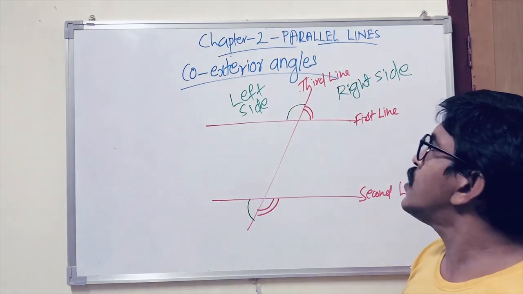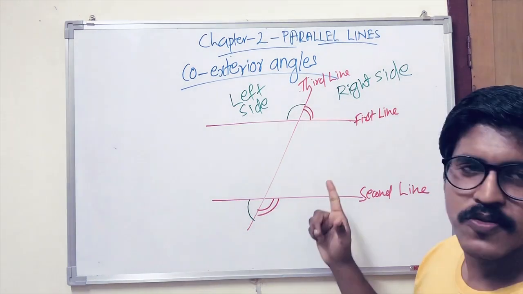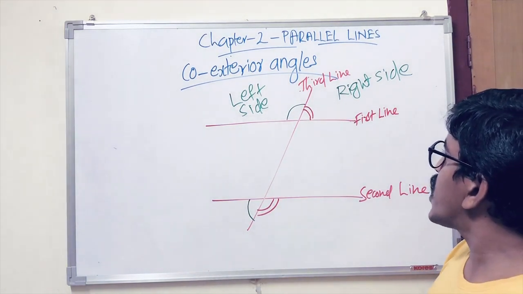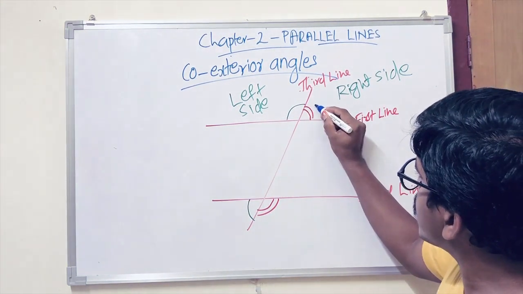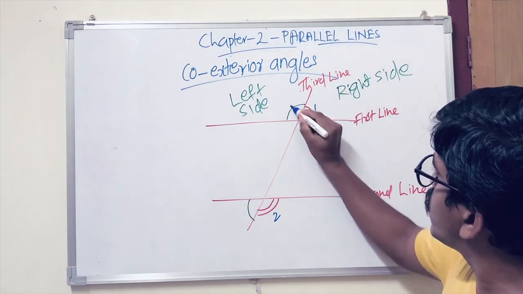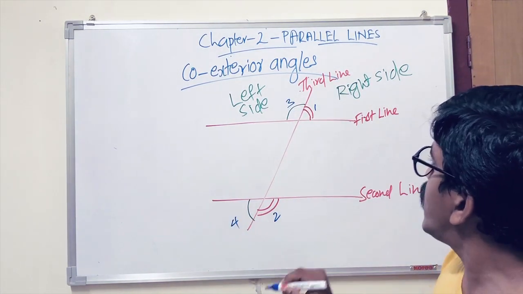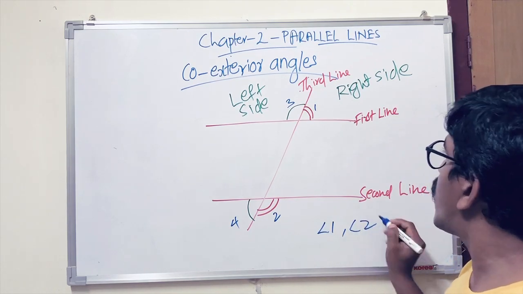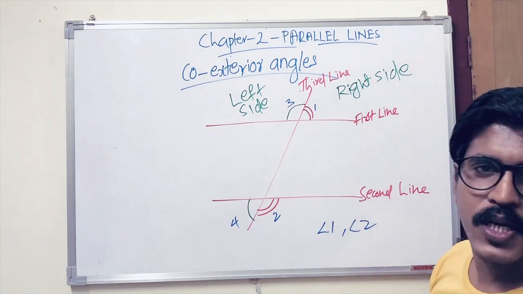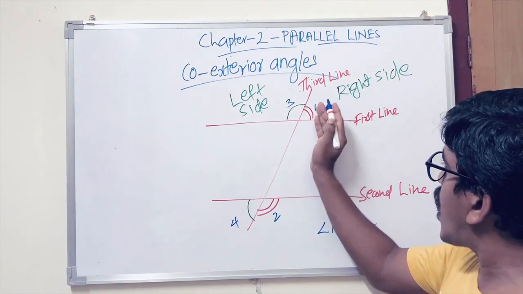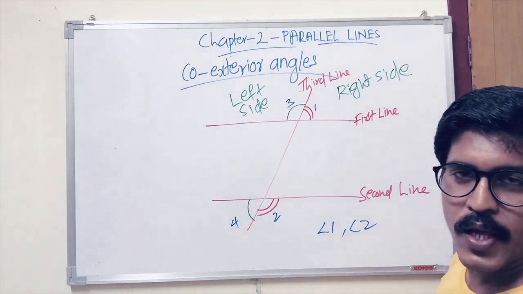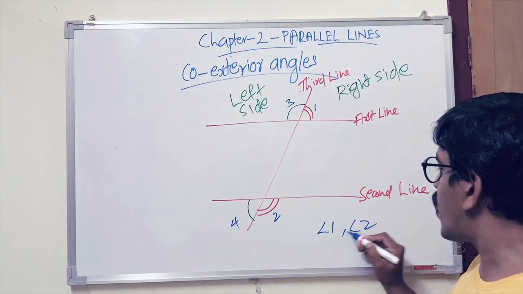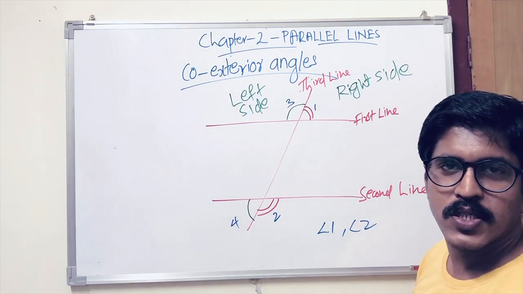We can check the co-exterior angles from this figure. That is, here you can see exterior angles, that is 1, 2, 3 and 4. In that, here angle 1 and angle 2 are in the same side on the third line and also the outside of two lines. So these angle 1 and angle 2 are co-exterior angles.